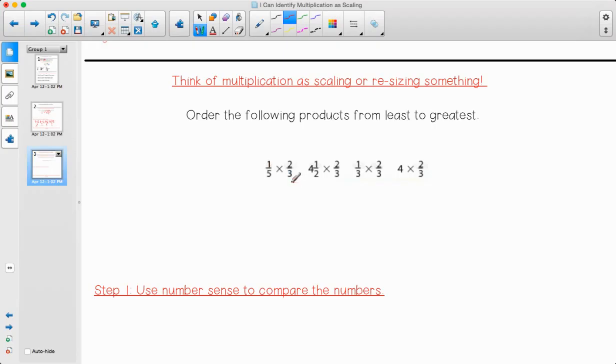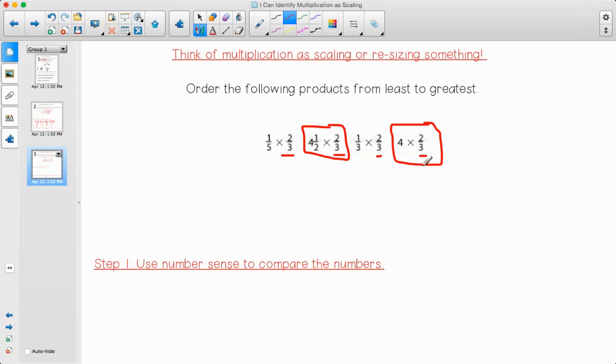Notice that we have 2/3 in each problem. So that's what you're basing your scaling off of. Alrighty. So hopefully you were able to see that, well, first and foremost, if we just look at these two products, we see that we're multiplying by something significantly greater than 1.